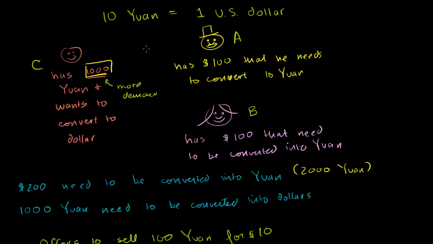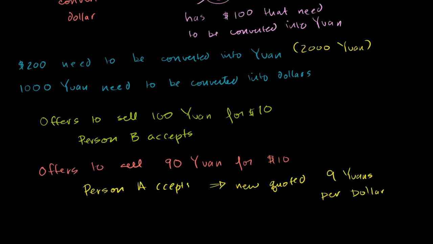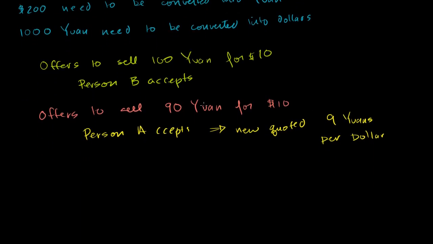If there's more demand for yuan than dollars, as we see in this example, the price of the dollar will go down, which means the exact same thing as the price of yuan will go up.